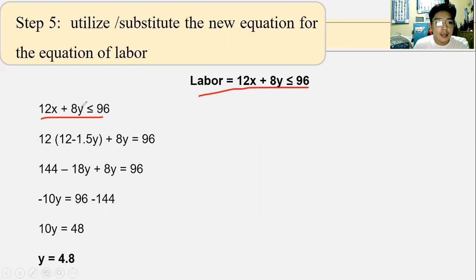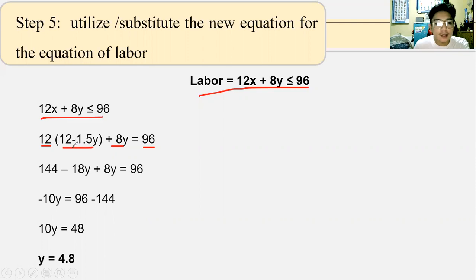I substituted the x already: 12 times (12 minus 1.5y), then just copy 8y here and 96 here. So we now have this equation.